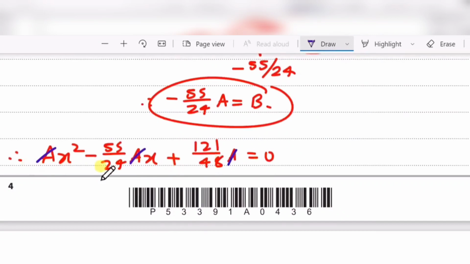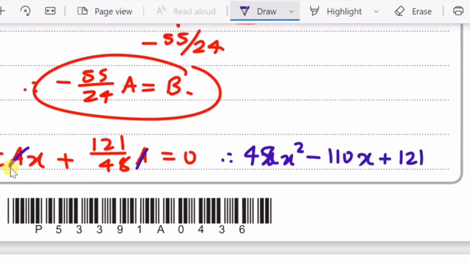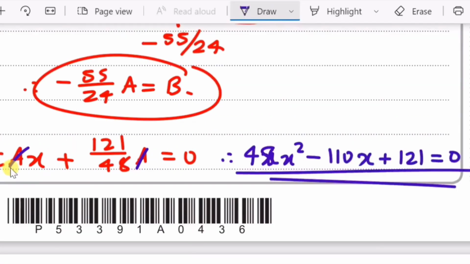So let's times everything by, let's see, 48. Because we know this is like a factor of 48. So times in 48 through, you should get a final answer of 48x squared minus, well, 55 over 24 times 48 is 110x plus the last one, 121 equals 0. And that's it, guys. We've done it.